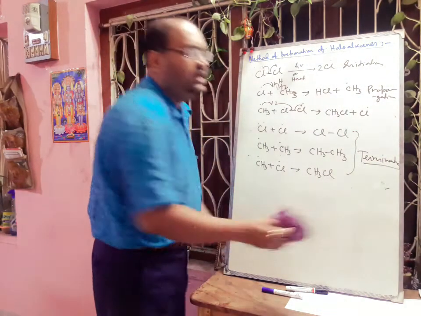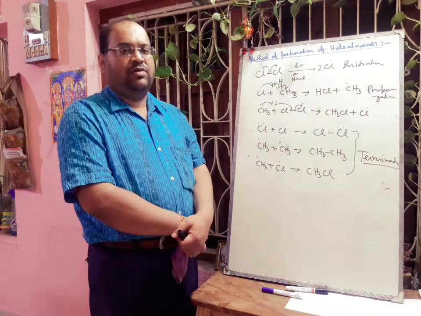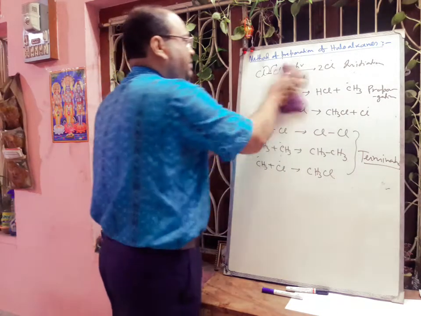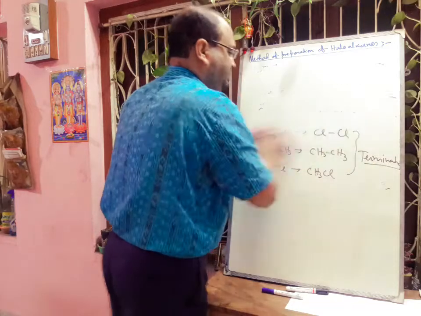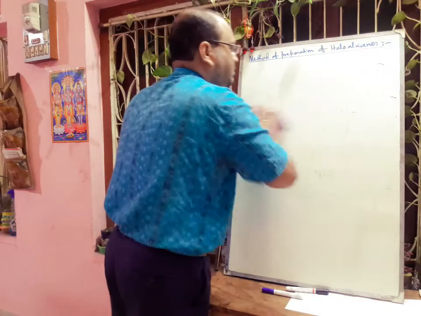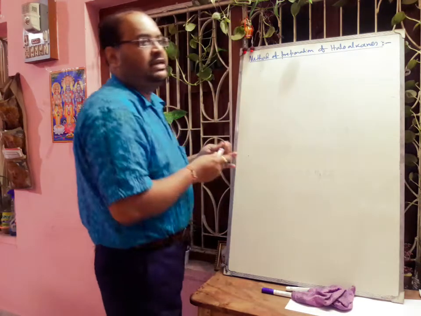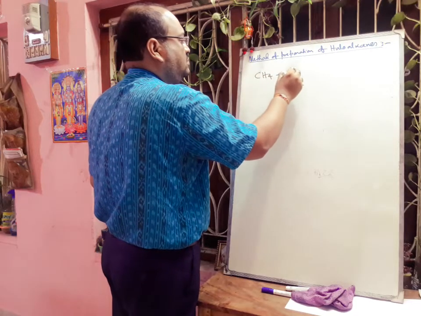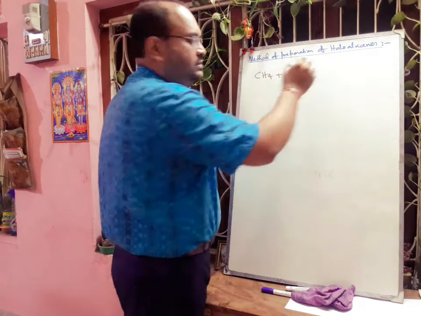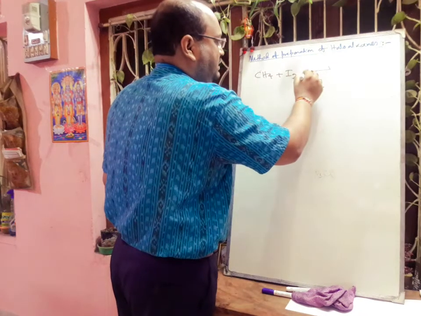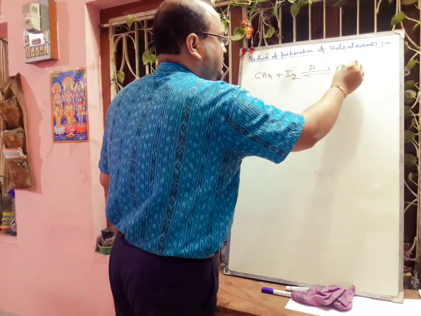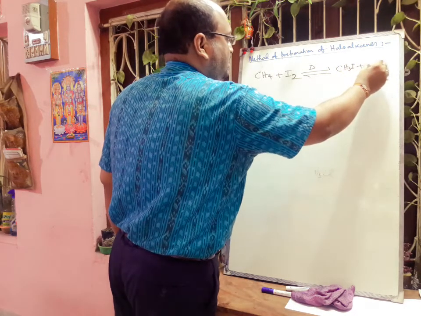Next, only chlorine or bromine will react. Iodine may also react, but the reaction is reversible. If we take CH4 plus I2 and apply heat or light, that is a reversible reaction that will form CH3I plus HI.